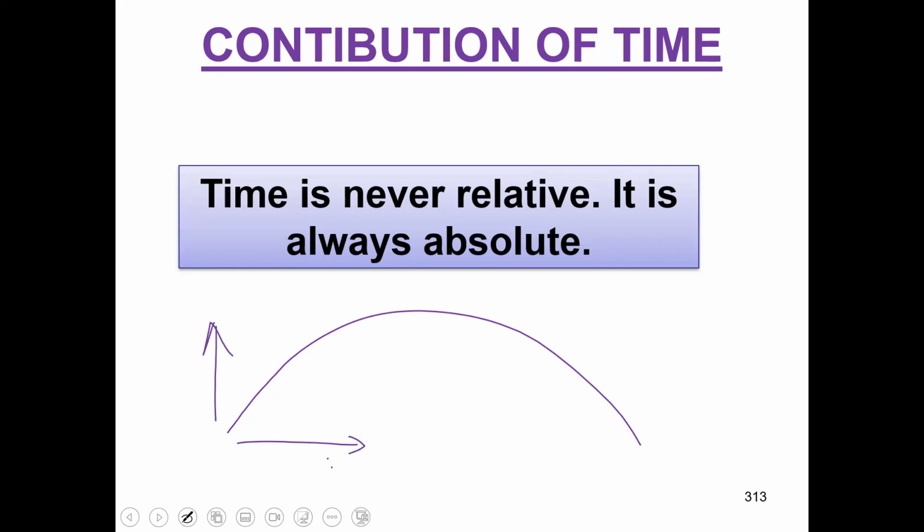There is a horizontal velocity and there is a vertical velocity. There is a horizontal acceleration, which is 0, and there is a vertical acceleration, which is g.